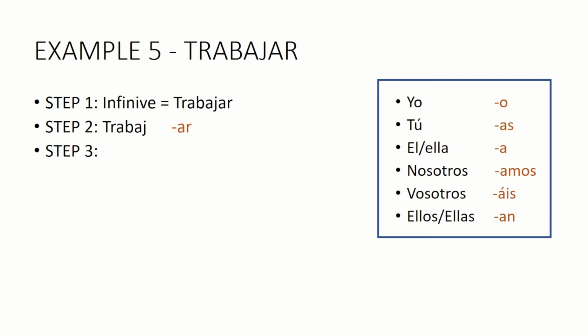which means to work. So again, step number 1, identify the infinitive. Step number 2, drop the two letters at the end, and step number 3, add the appropriate ending. So let's solve that.